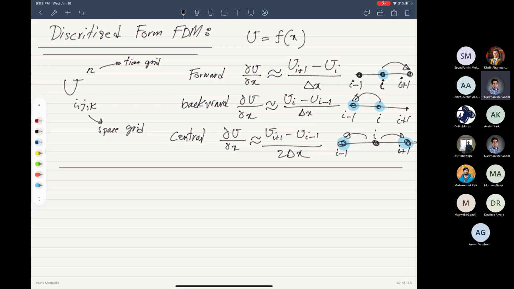Okay. If this is my unknown function, a function of t, or only a function of time, right? And let's say I would like to find the derivative of u with respect to t using the central scheme.